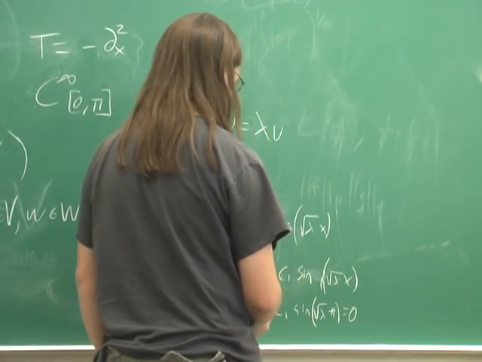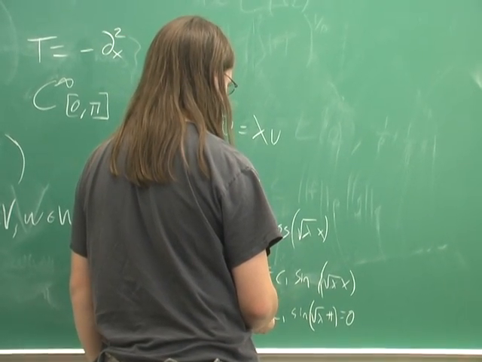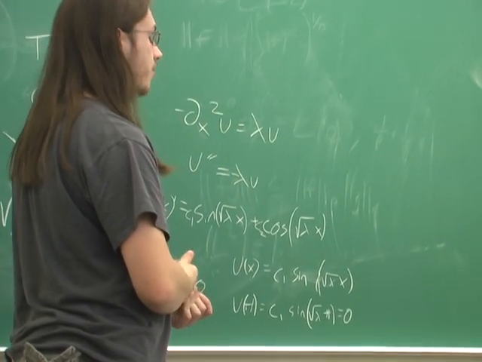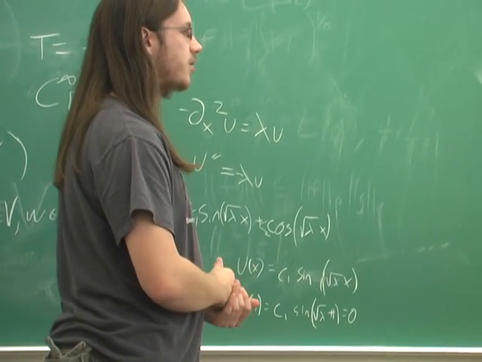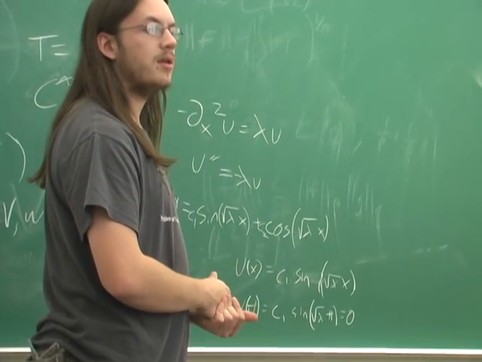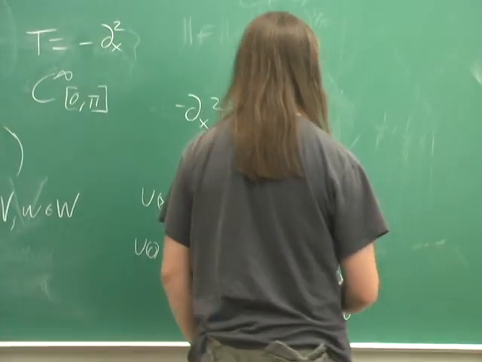From this you need to find lambda. What is sine equal to 0? 0 and pi, and 2 pi. So just find it.